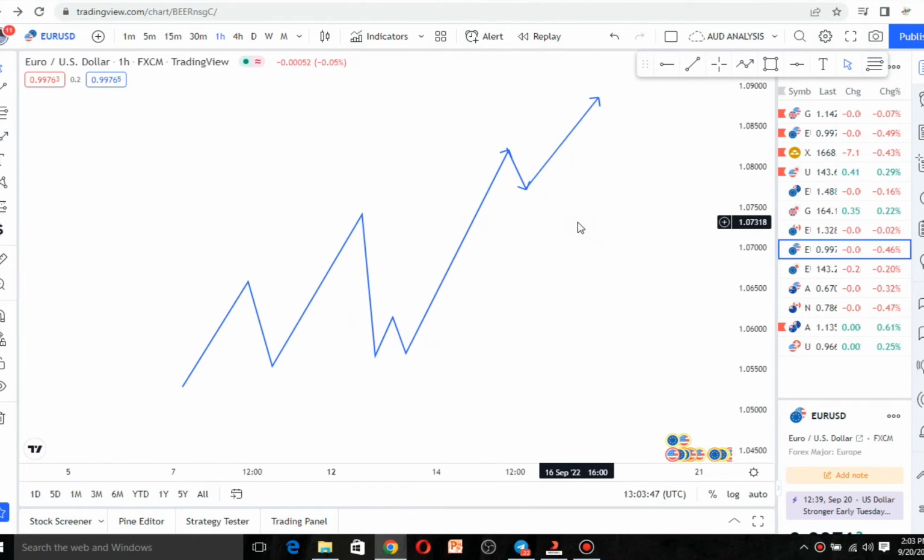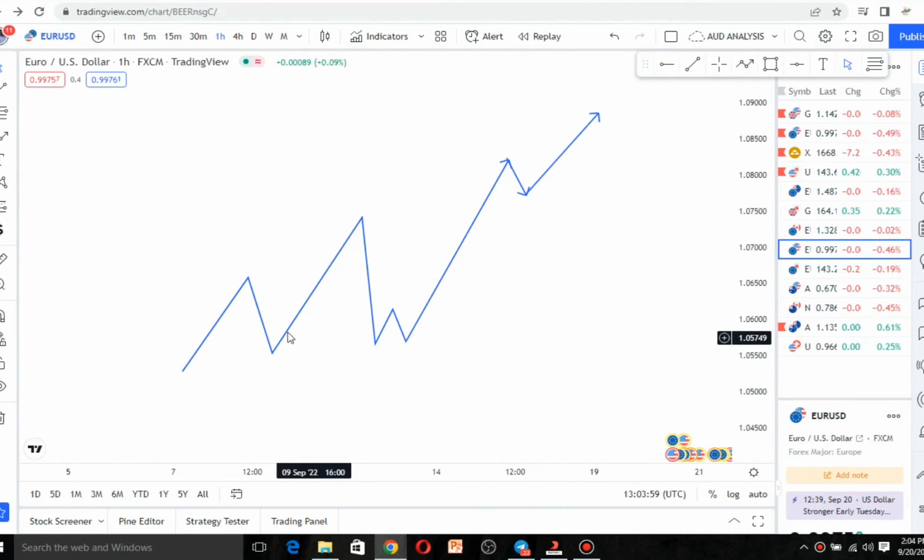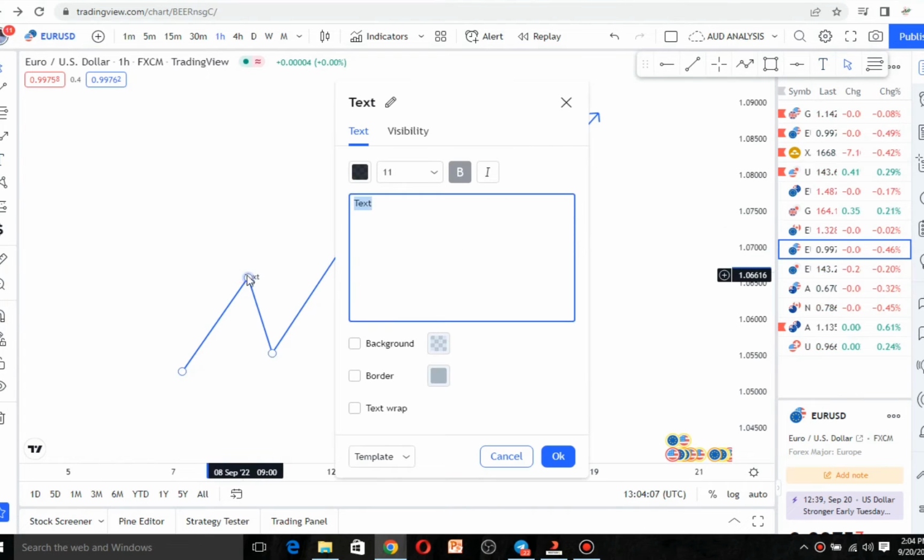The first thing you need to identify is where the supply zones are in this market, and also where the demand zones are, which is very easy to identify. This is clearly a supply zone.